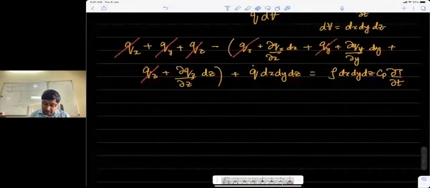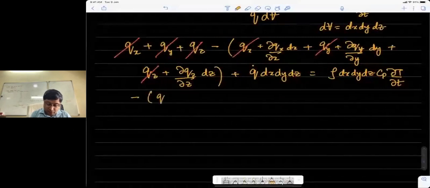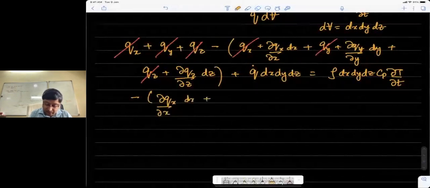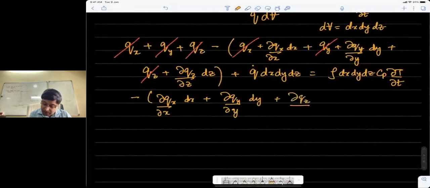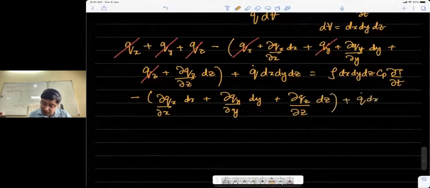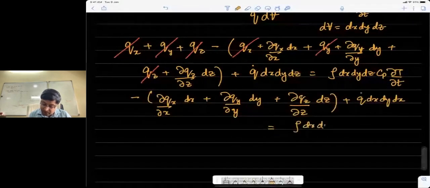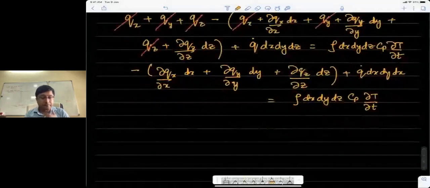So what we will be left with is minus dqx/dx dx minus dqy/dy dy minus dqz/dz dz plus q dot dx dy dz equals rho dx dy dz cp dT/dt.